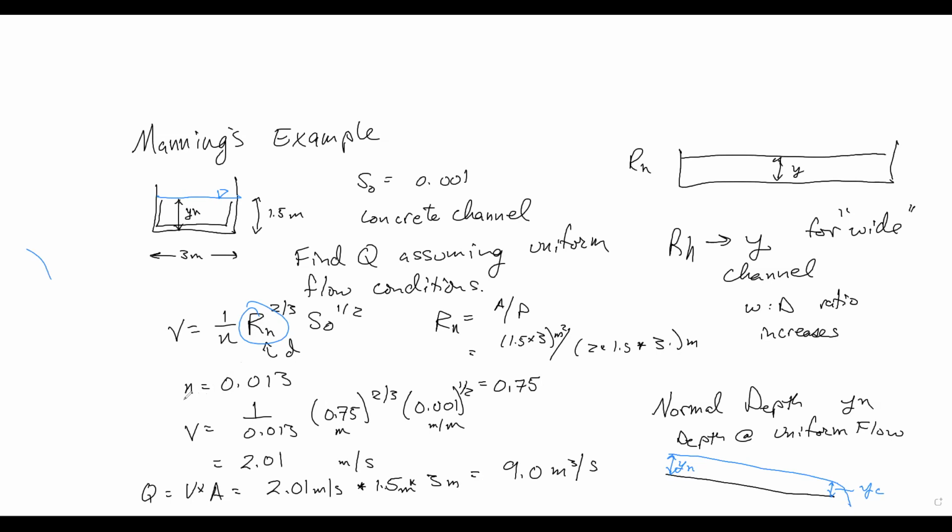I think in a rectangular channel it's a direct solution, but anytime you get to a trapezoid or something different, it ends up being an iterative solution. So you can use Solver in Excel to solve for a depth for a given flow rate in a channel. You can just use Solver to loop it, and you'll find, here's my flow rate, and here's the depth that achieves that flow rate using Manning's equation. So it can get a little complicated.